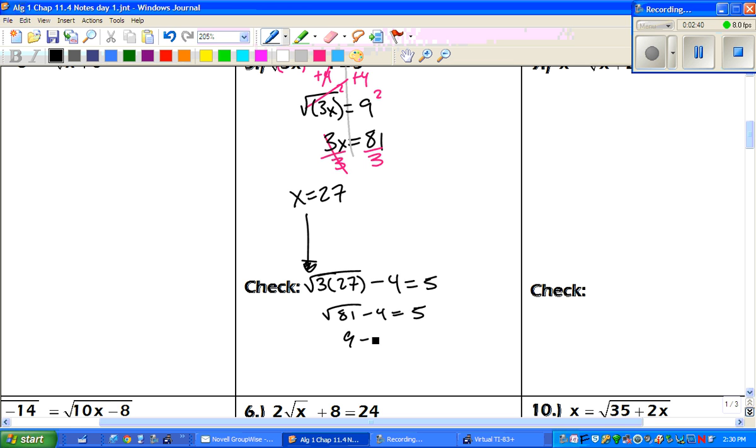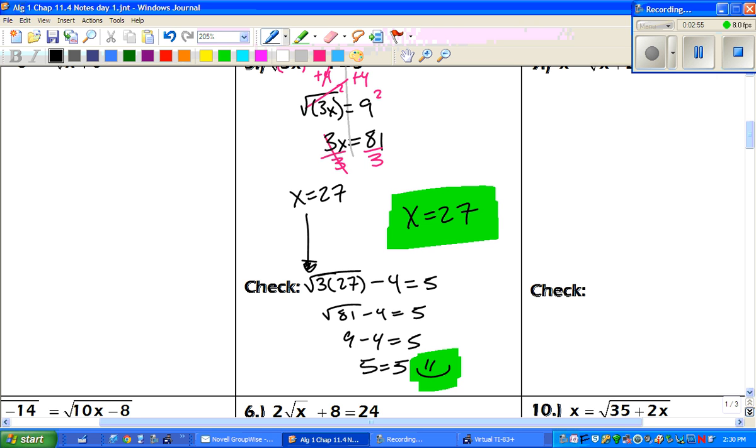The square root of 81 is 9, and 9 minus 4 is 5. Okay, so we are happy because now that means that x equals 27 is our final answer. Okay?